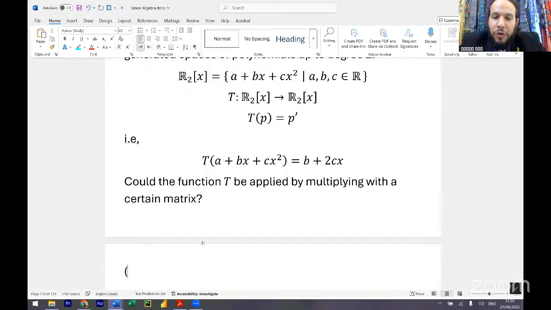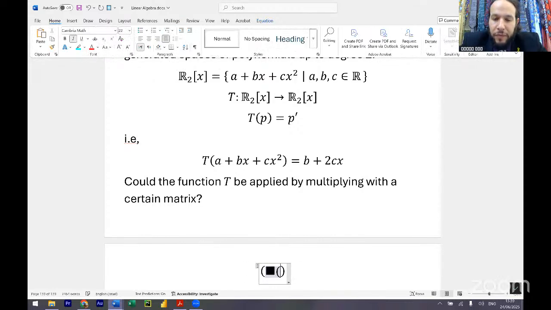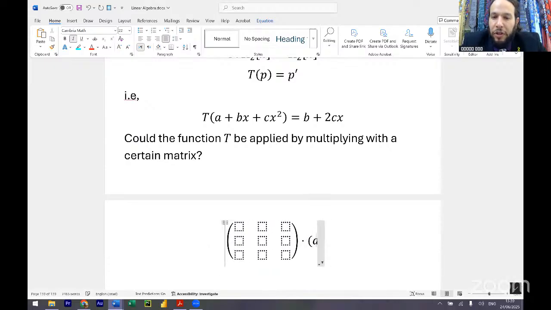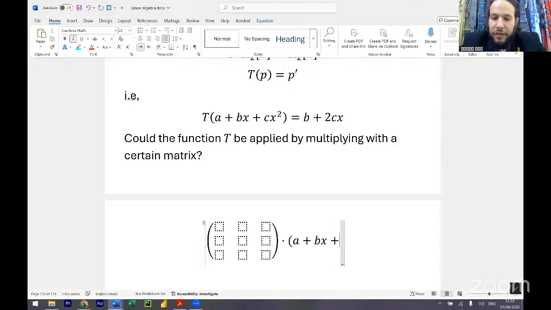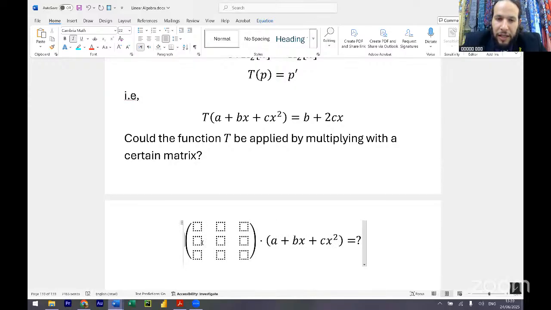So obviously I could not multiply a matrix with a polynomial, right? Because that is just silly, right? I'll write that.